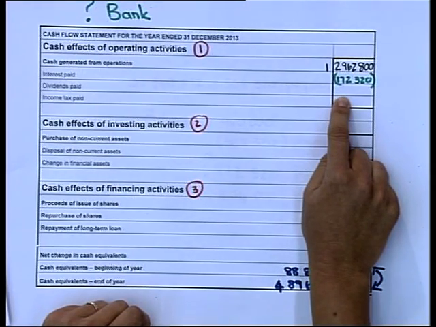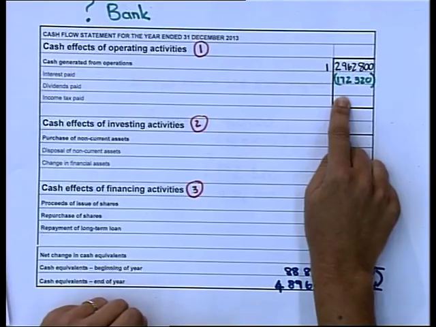Now, to establish what the cash was that was spent on dividends, I need to reconstruct the dividends ledgers. Again, grade 12s, the information can be straightforward. They can say dividends were paid during the year, and that's it, and then you'll be able to write that down.